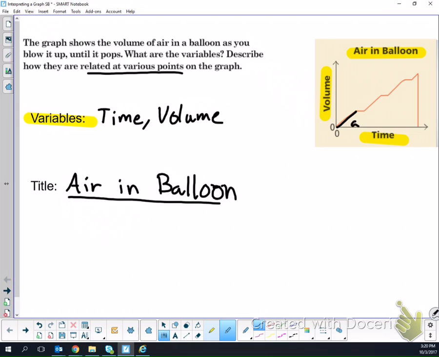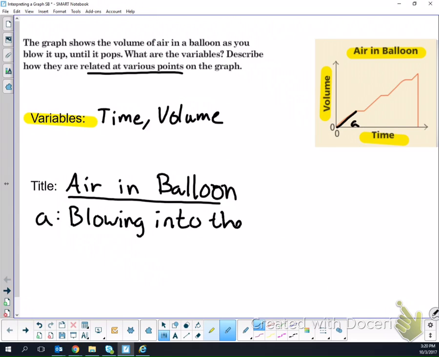Now, what's happening in section A is, the obvious thing is it's going up. More specifically, the volume is going up over time. But still, we're not getting at it. What is the main thing that's happening here? Well, it's air in a balloon. Now, if the volume is going up and we're talking about a balloon, that must mean they are blowing air into the balloon.